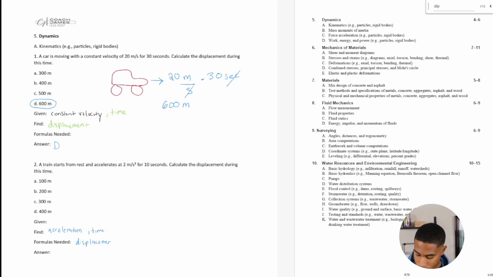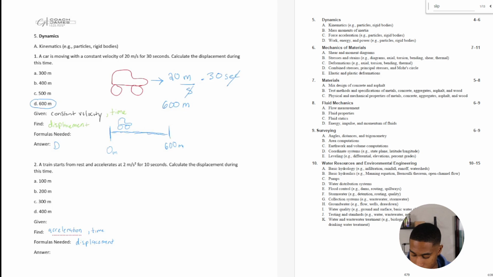Now displacement, I really didn't go over this in the first one, but displacement is the difference in distance from point A to point B. So in our previous example, we were starting at 0 meters, and after that 30 seconds, we landed at 600 meters. And this car is on this journey, and the displacement is that distance along that time.